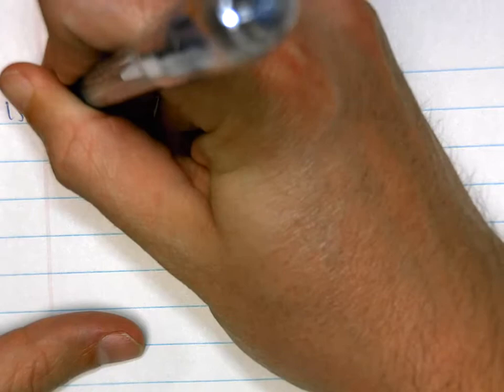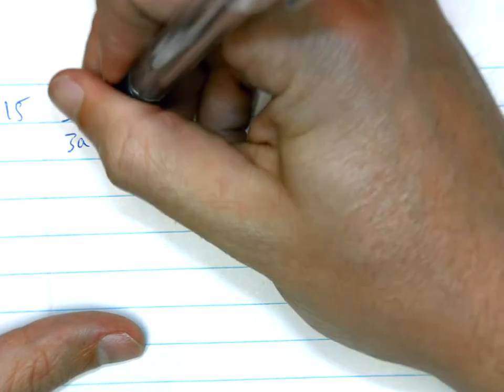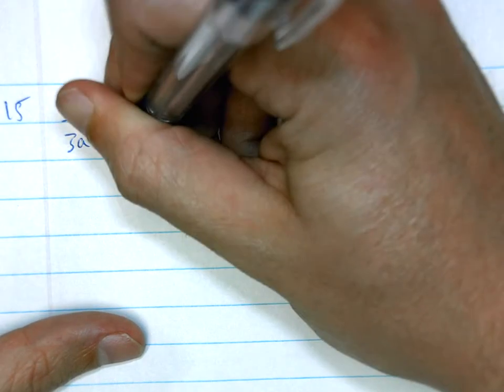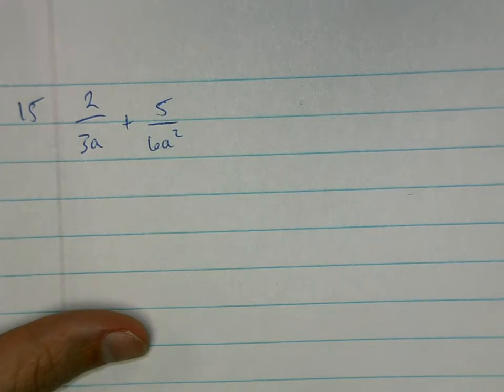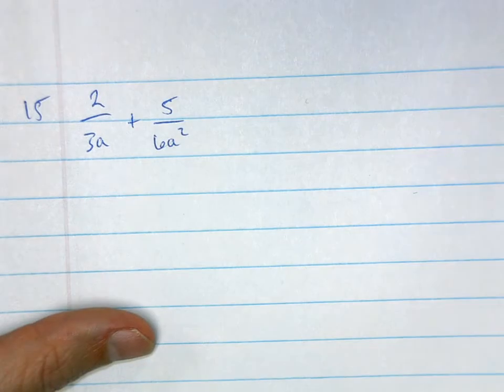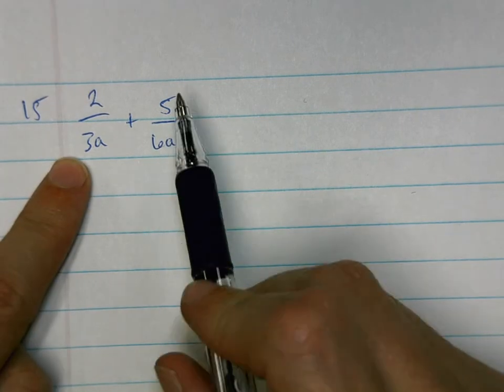15. 2 over 3a plus 5 over 6a squared. So we're going to multiply on the left. So this is a 6, this is a 3. So I need to multiply top and bottom by 2.